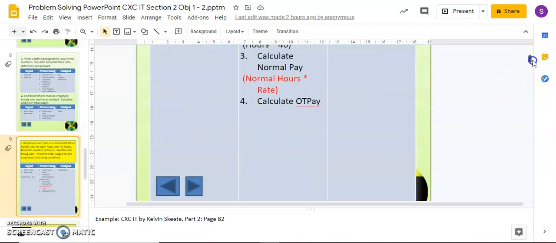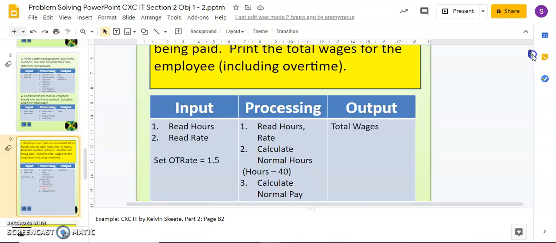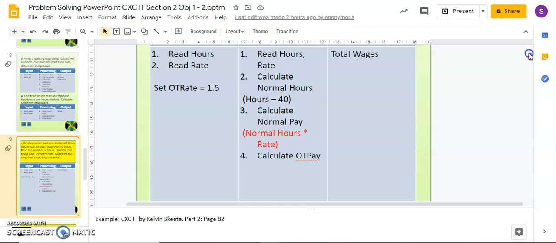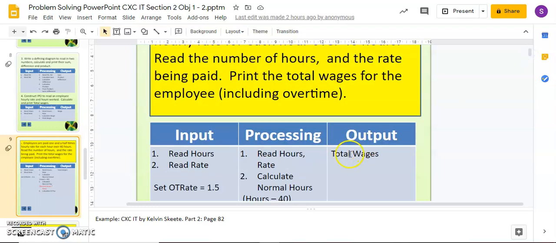And then it will calculate the overtime pay, which is OT right here, and then it will output the total wages.